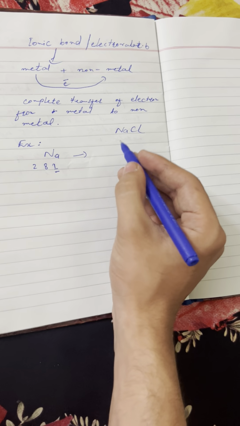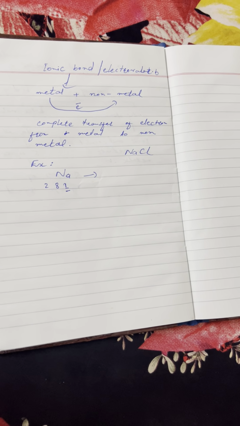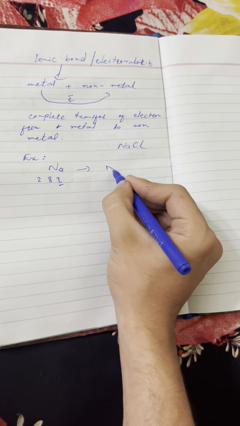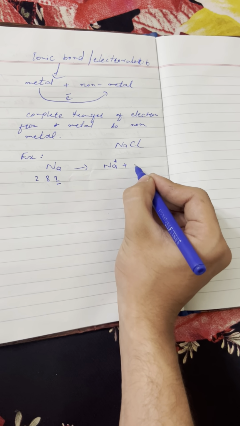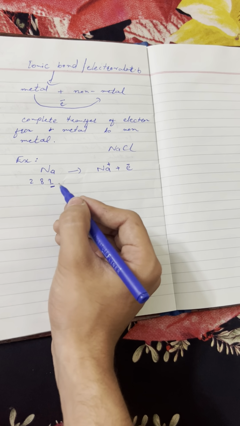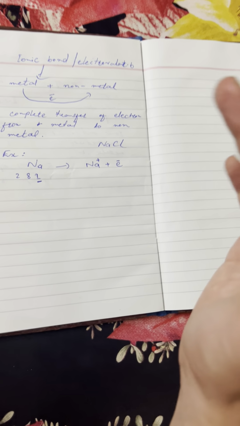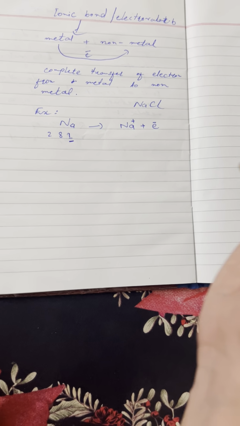Na is basically a metal, so it will transfer 1 electron, becoming Na positive. Basically metals will transfer the electrons of their valence shells.